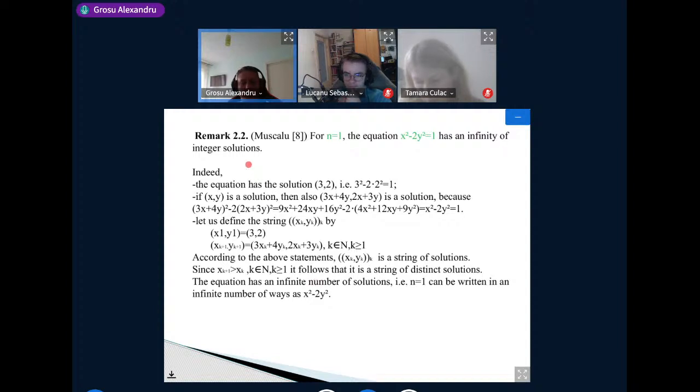Here we use the Pell equation, for which the equation x square minus 2y square equals 1 has an infinity of integer solutions, and we show why here.